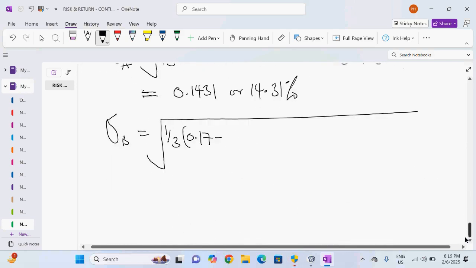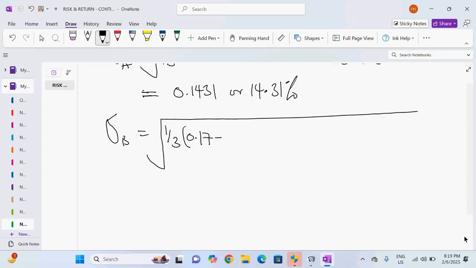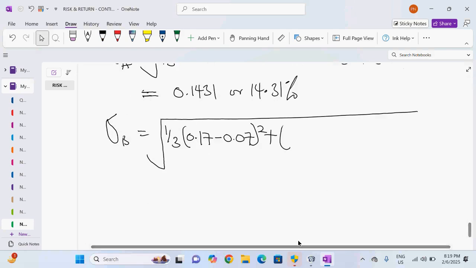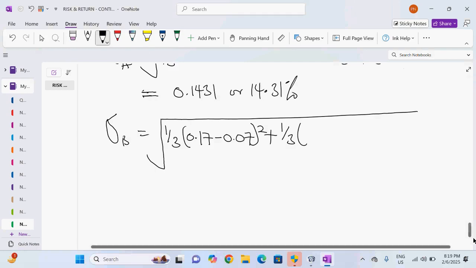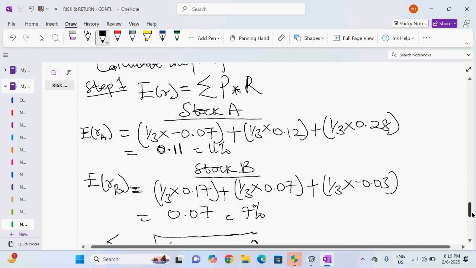0.07. All squared plus 1 over 3 times the return for normal.